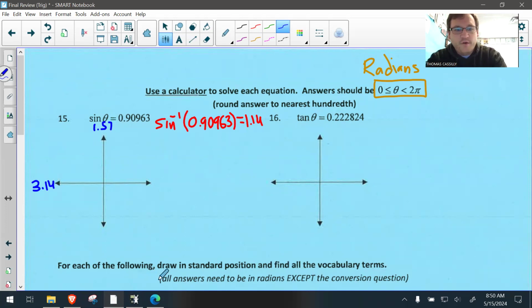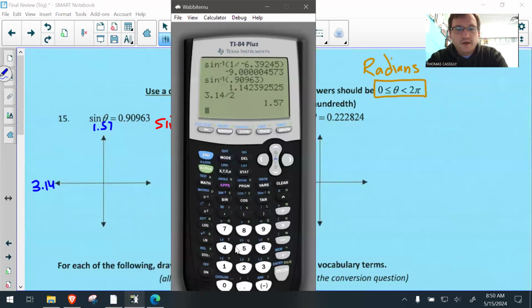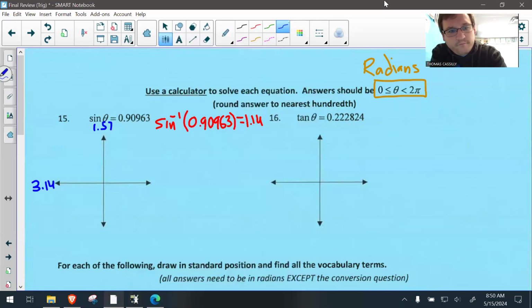And then the bottom one, if I wanted it, we're not going to need it on this one, is 3 pi: 3 times 3.14 divided by 2, and that's going to give us 4.71. And then this one up here is 2 pi or 0, so I'm just going to call it 6.28. This kind of helps us figure out where that 1.14 should go. It ends up being in quadrant 1, like this.